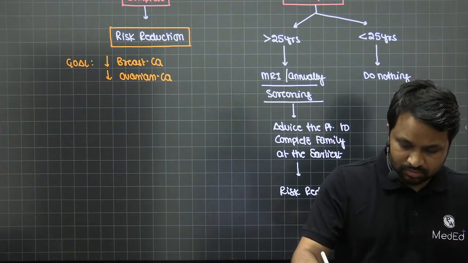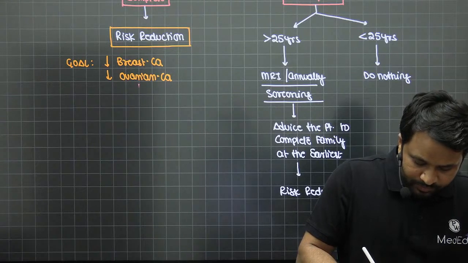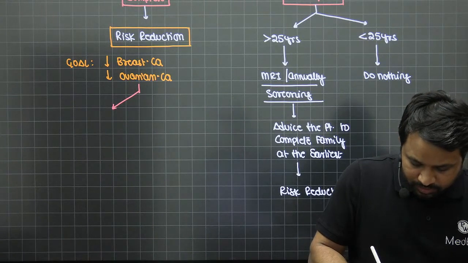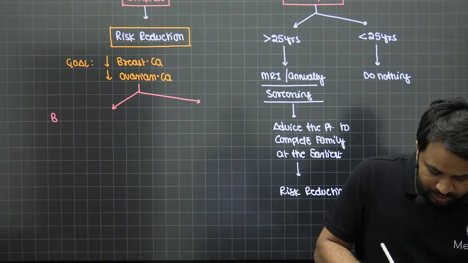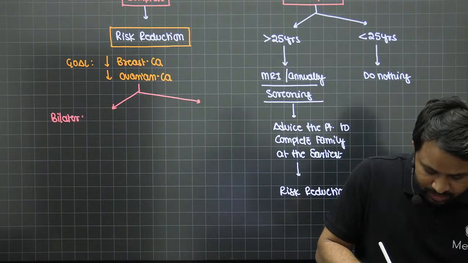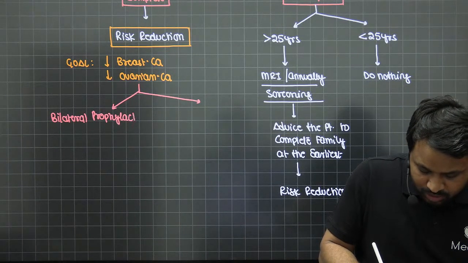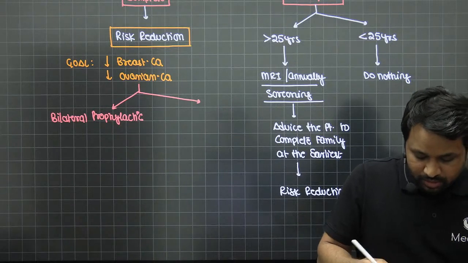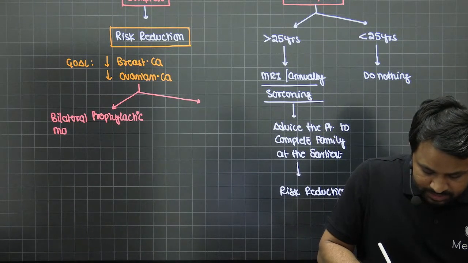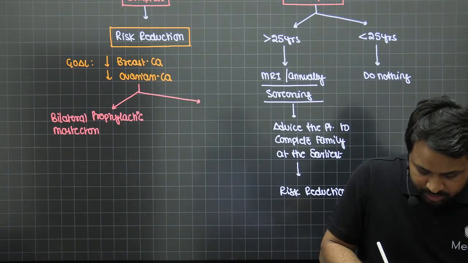Now, I can advise number one, bilateral, that is both the breasts. I'm using the word prophylactic because the disease has not developed yet, so it's a precautionary measure. Bilateral prophylactic mastectomy, that means remove both the breasts.